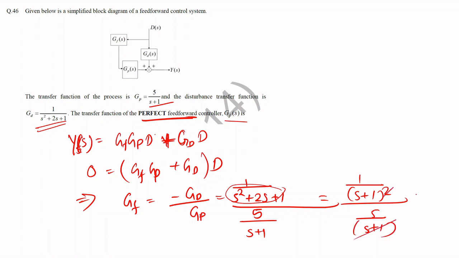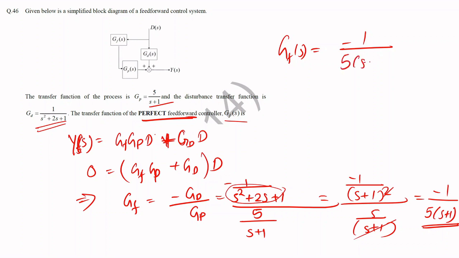This will get cancelled out, and we get the value as minus 1 upon 5s plus 1. That is the transfer function for a perfect feed forward controller. Gf of s we found out to be minus 1 upon 5s plus 1. So this is our final answer.